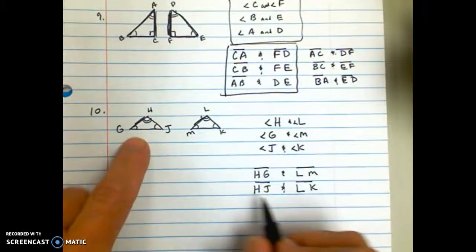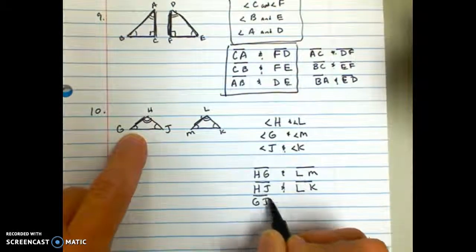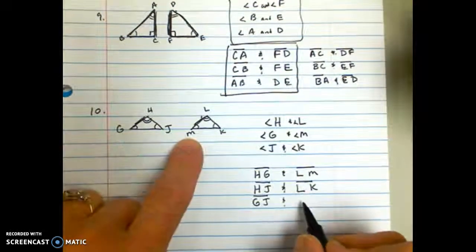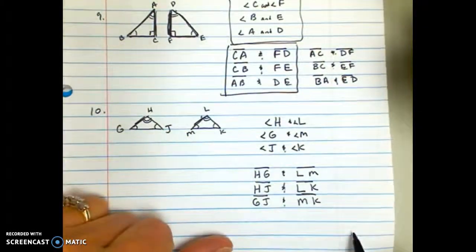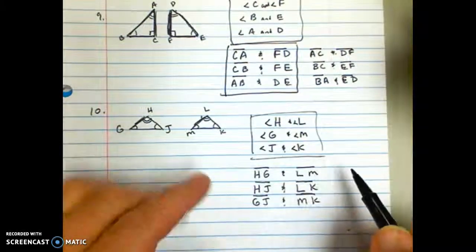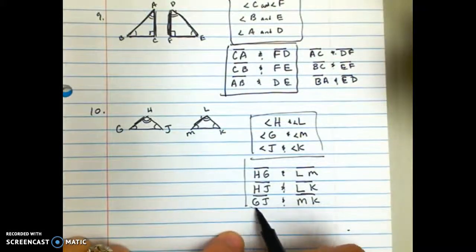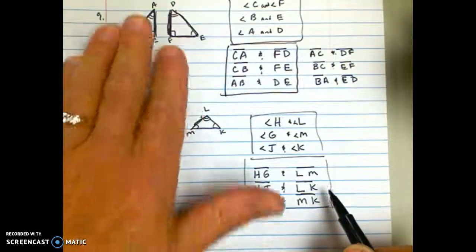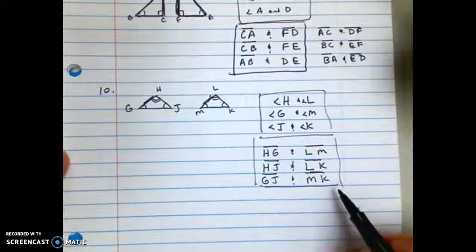That's those two sides. In the base, we could say that line segment GJ matches up with line segment MK. So we have 3 sets of matching angles and 3 sets of matching line segments, because it's a triangle. Now, if these were quadrilaterals, there'd be 4 sets, but that's for now.